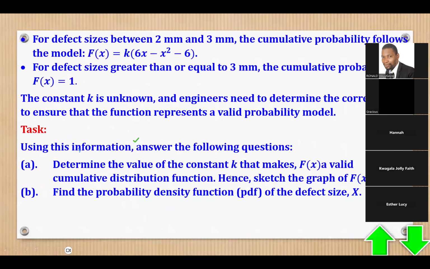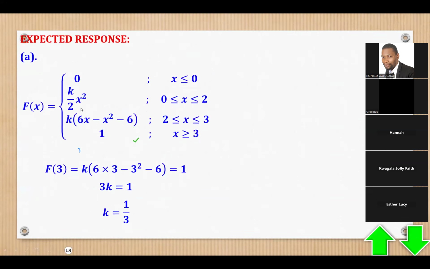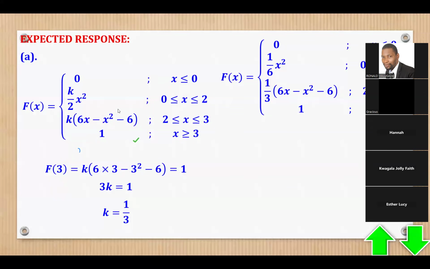It says, hence sketch the graph of f(x). Yeah, the next part is to sketch. So now that we have the value of k, I can put it where there is k. K was 1 over 3.